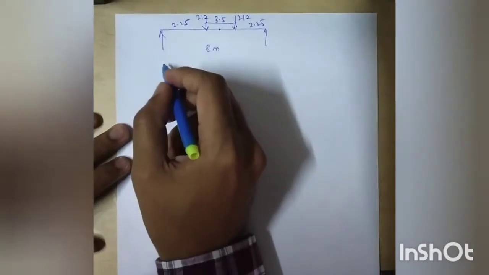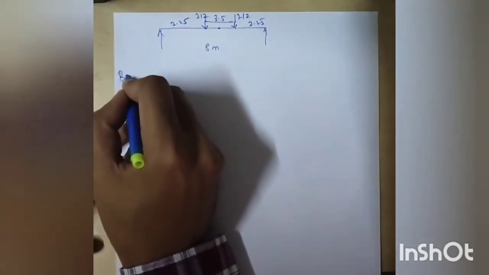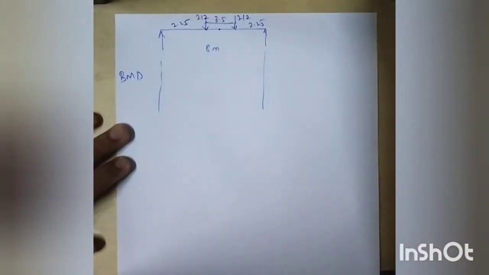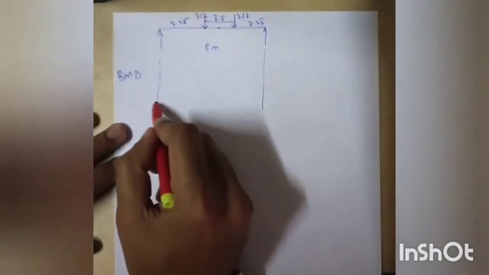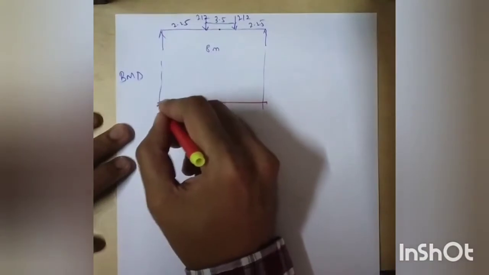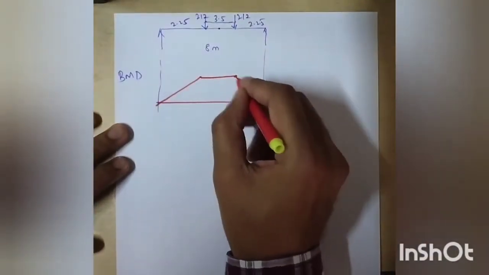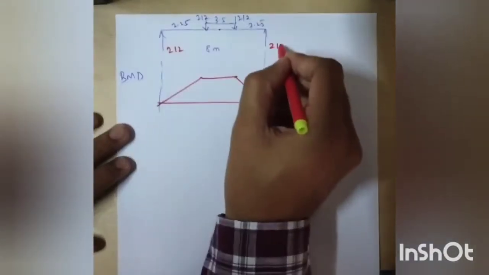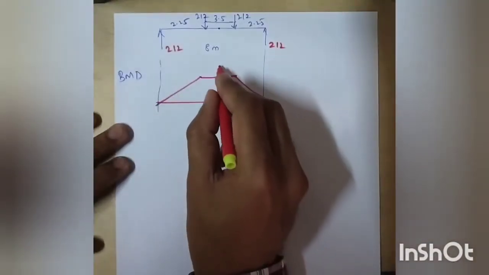So now we have to draw the bending moment diagram. The support reaction you will be getting is 212 since it is symmetric.